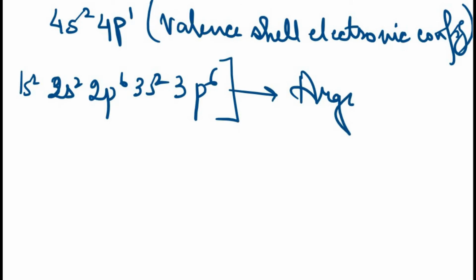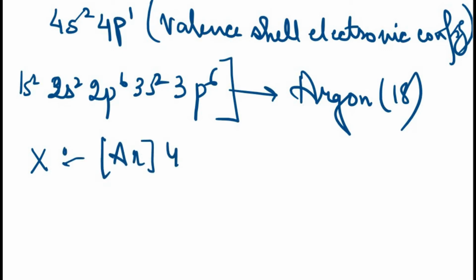Argon, having atomic number 18. So we could write this element, arbitrary element X is actually having argon core 4s2, 4p1 configuration. Right? Now which is it actually? It is basically which element? Gallium.